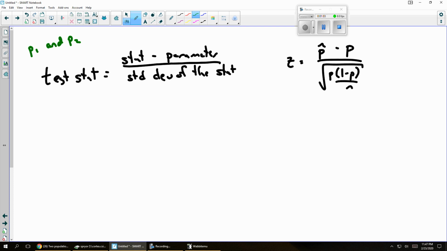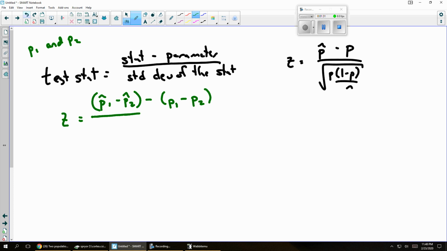Well, as it turns out, that test statistic is still a Z, but now my statistic is the difference in these two p hats. Before, it was just p hat. Now it's the difference in those p hats. The parameter then is the true difference, just like before it was p, now it's p1 minus p2.